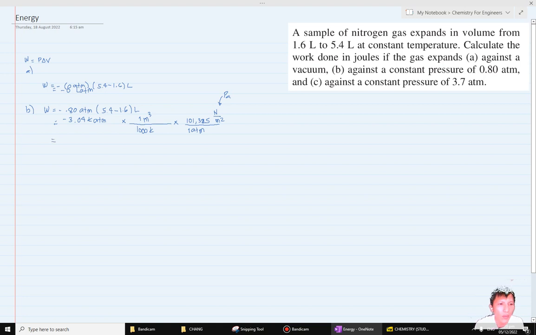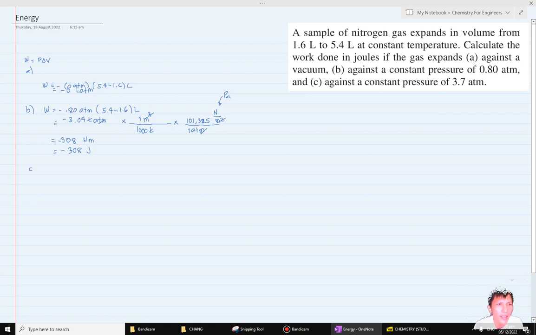So, our answer would be negative 308, since the gas is the one doing the work. Cancel ATM. For the cubic meter and the square meter, what remains is Newton meter, and Newton meter, of course, is joules. So, 308 joules. Okay? That is for letter B.